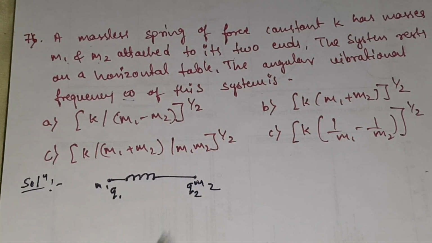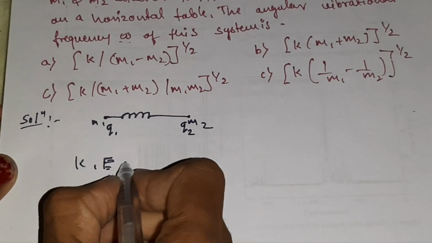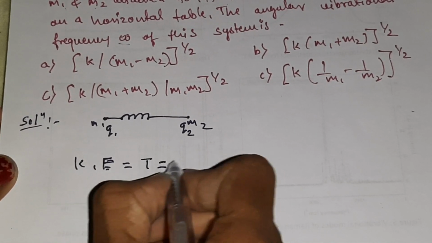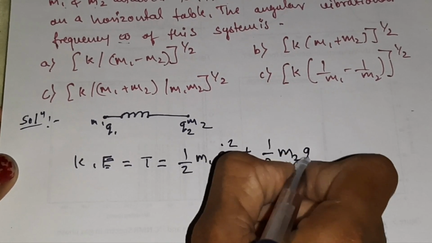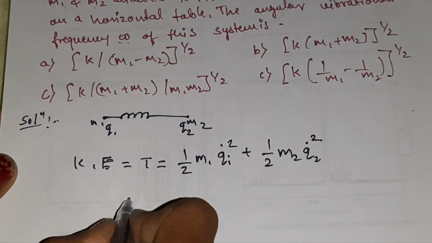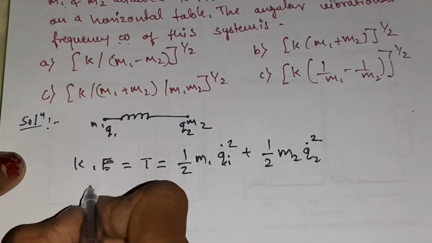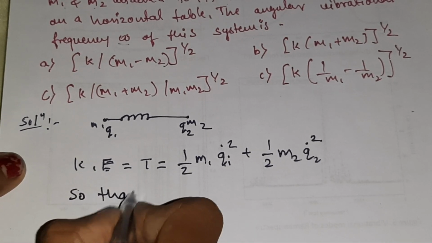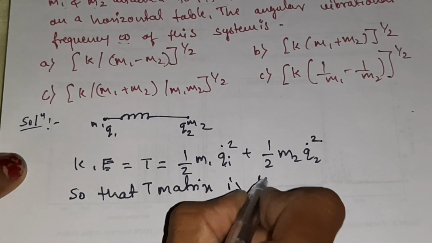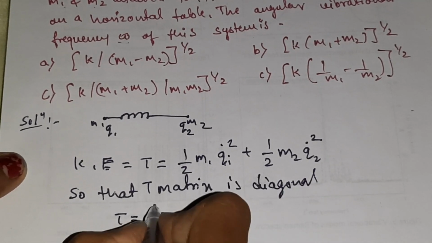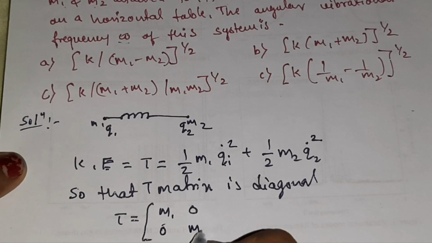Then the kinetic energy, we can write it as capital T, half m1 q1 dot square plus half m2 q2 dot square, that is half m v square. So the matrix of this kinetic energy is diagonal, and only the diagonal elements have the values m1 and m2.